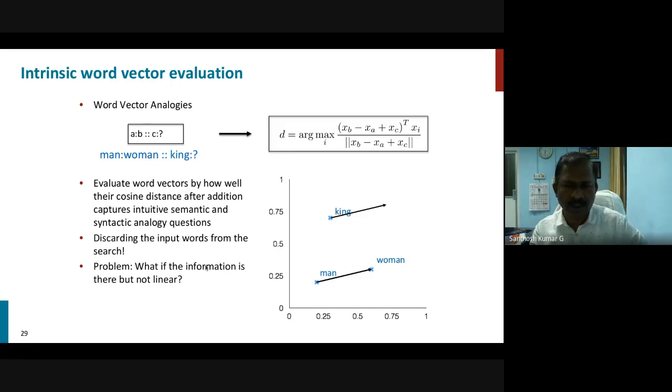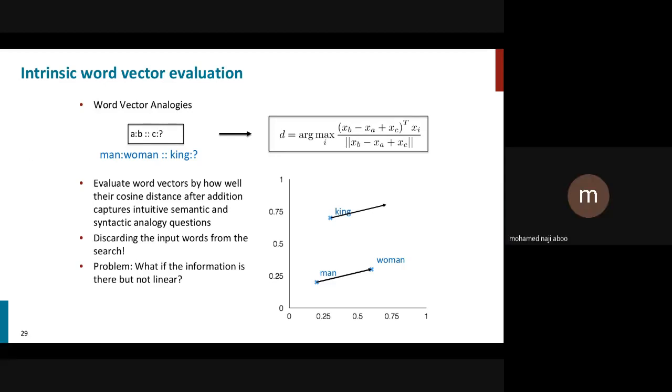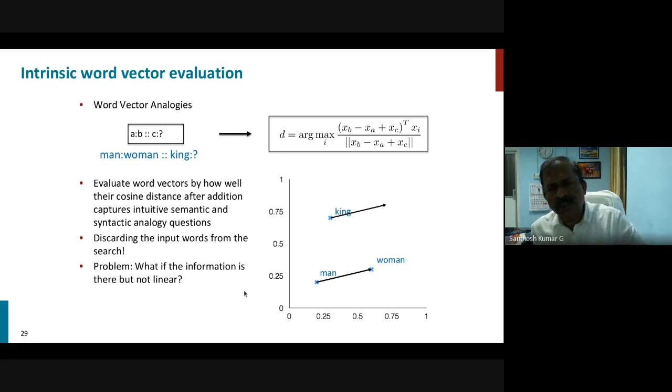Any questions? So this is actually a one-hot vector. We are using the one-hot vector for this? Basically, not the one-hot.